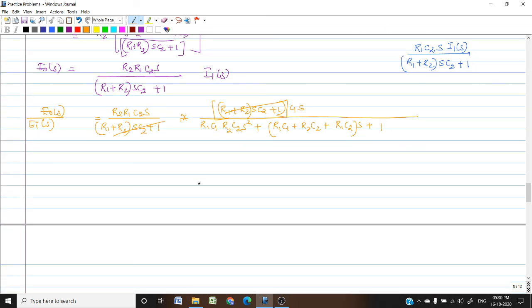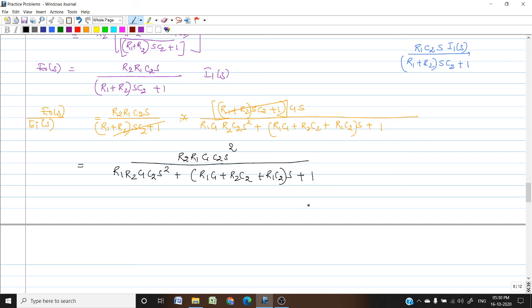With that I can write my transfer function is equal to R2 R1 C1 C2 S square whole divided by R1 R2 C1 C2 S square plus (R1 C1 plus R2 C2 plus R1 C2) into S plus 1. So this becomes my transfer function. Thank you.